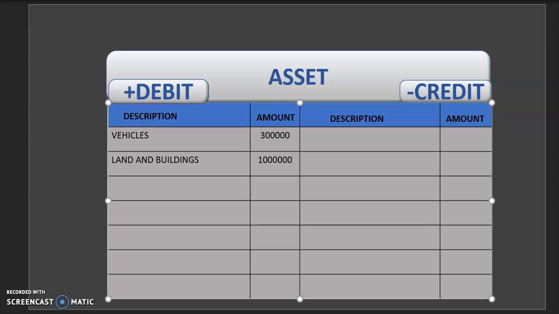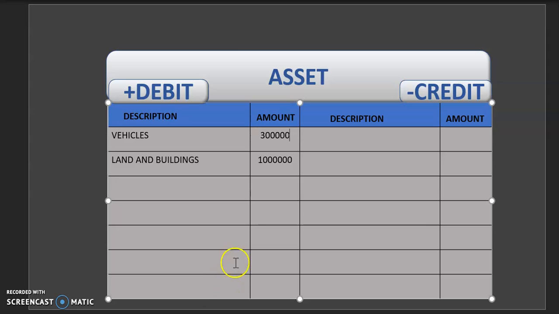So from 0, it now has 2 assets to the value of 1 million plus 300,000 Rand, which gives you 1.3 million. So that's why this is recorded on your debit side. Both transactions are positive transactions.